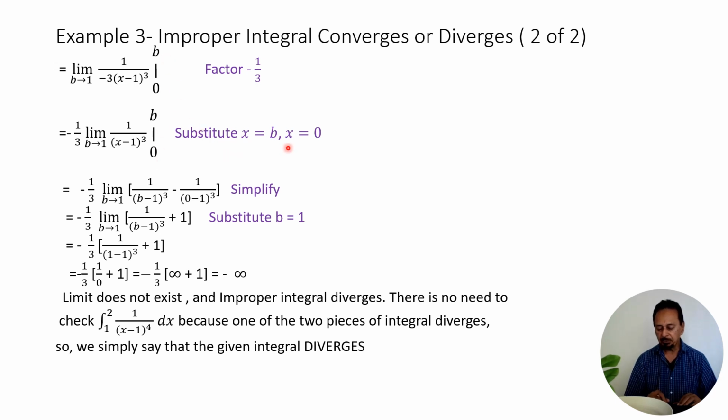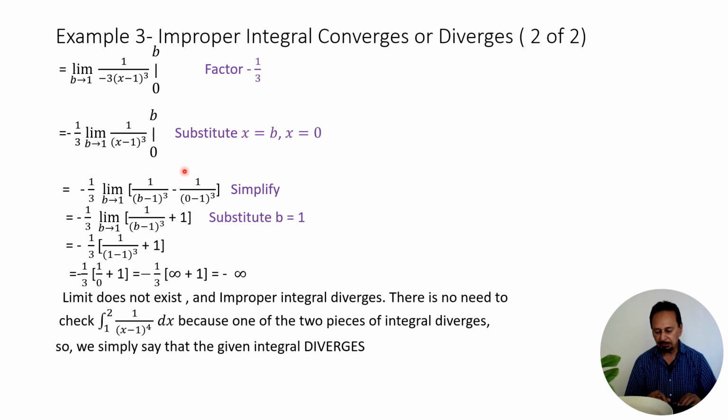So first we substitute x equal to b, and so we will have negative 1/3 times the limit as b approaches 1 of 1 over b minus 1 cubed minus 1 over, and then we put x equal to 0. So it becomes 1 over 0 minus 1 cubed.